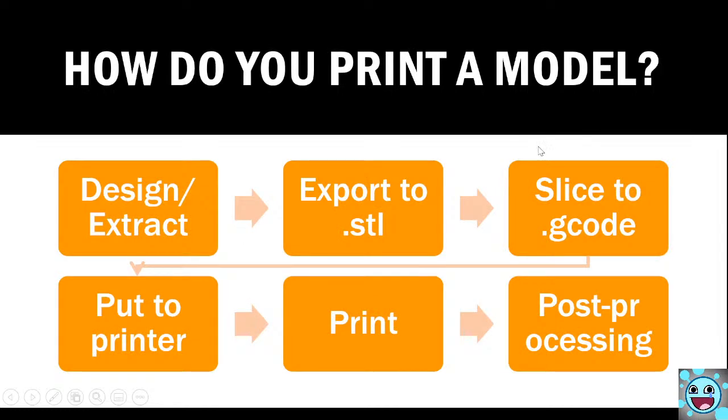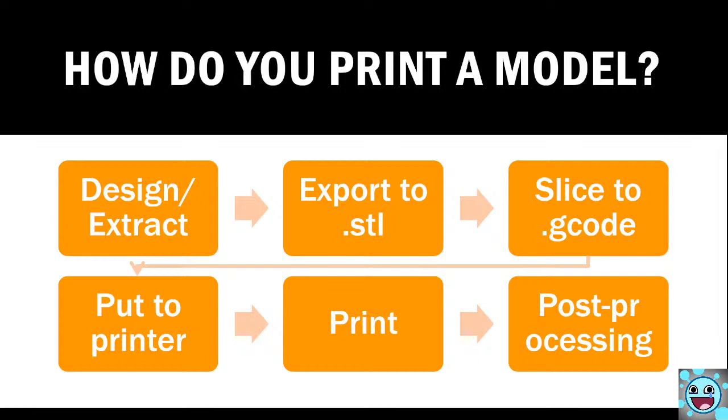After we have understood how it works, now we would like to move to how we print a 3D model. First of all, you must have a design. You must have a 3D model by designing it, or also by extracting it.